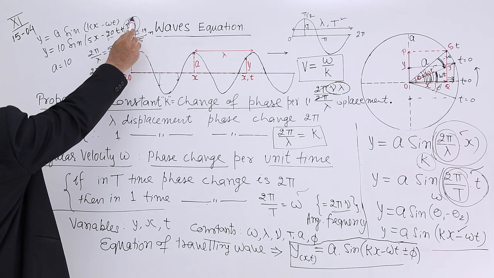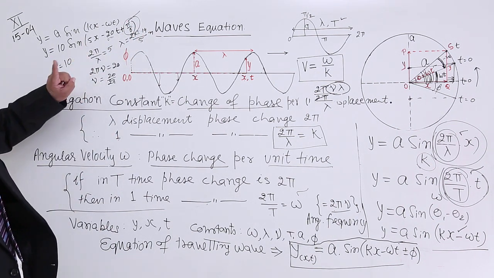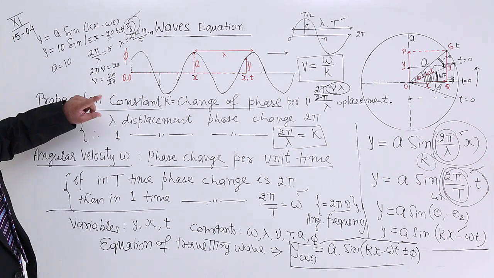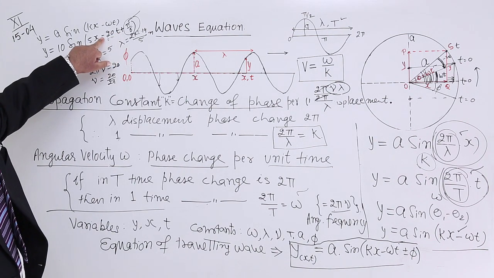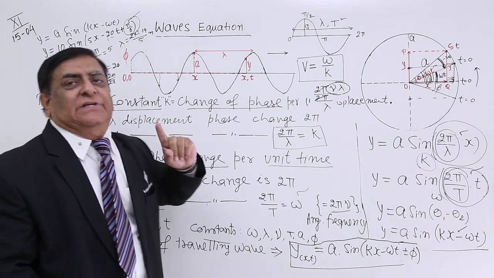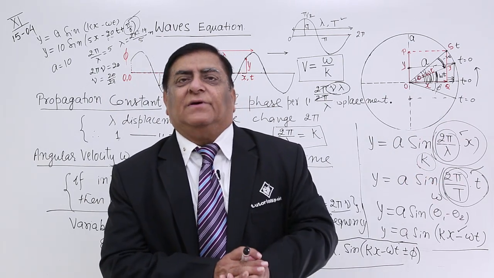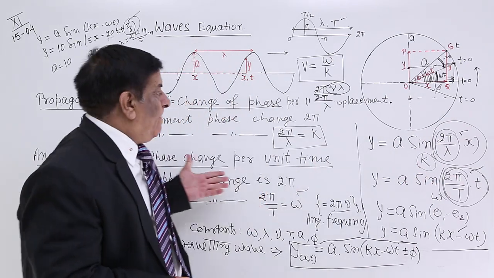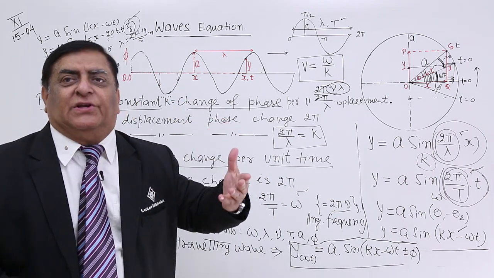This is the initial phase. And then if it is asked to us whether this wave is traveling in forward direction or reverse direction, we will see here omega t, it is negative, and this shows it is traveling in forward direction. So this is the equation of the wave, and how we recognize it, you can also make the equation of a wave.